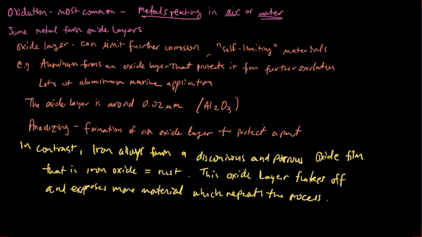That's why aluminum is commonly used for outdoor applications, because it'll form a protective oxide layer. Contrast iron alloys, which form this discontinuous and porous oxide film that turns into iron oxide, which is rust.